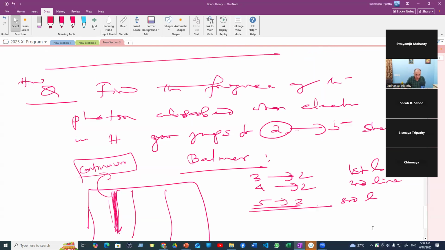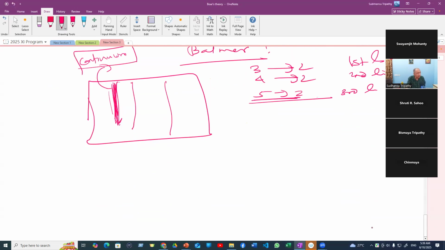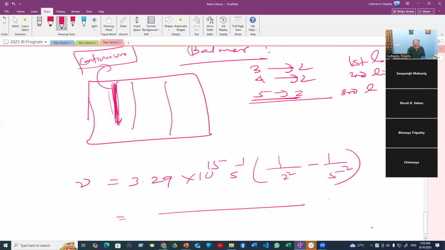So in this case, instead of finding nu bar and correlating with nu, if you remember the value, nu is equal to 3.29 into 10 to the power 15 second inverse times 1 by 2 square minus 1 by 5 square, then you find it directly in Hertz. You understand?